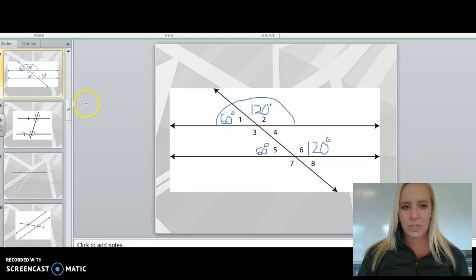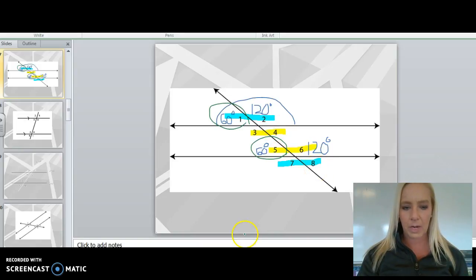But what I really want you to get from this video is understand that these are your interior angles, these are your exterior angles, and that corresponding angles all have the same measure. So 1 and 5 are corresponding, 2 and 6 are corresponding, 3 and 7 are corresponding, and 4 and 8 are also corresponding.